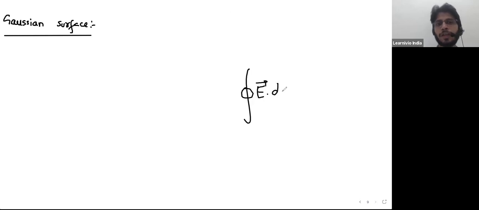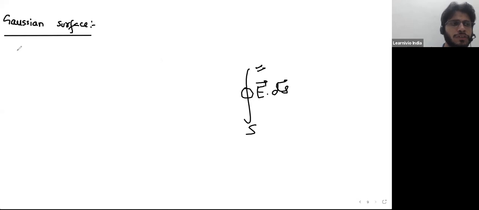See, when you are integrating E dot ds, you are integrating over some surface. There are certain surfaces for which this integral is very simple. Those surfaces are known as Gaussian surfaces.